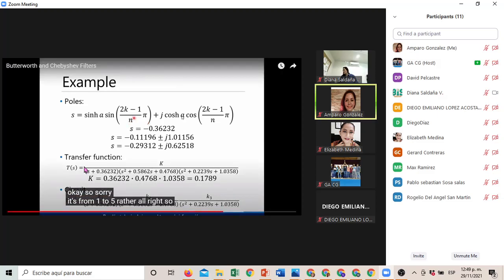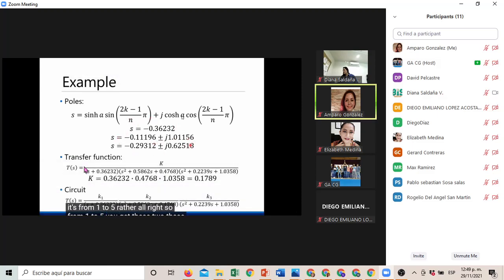Okay, so from 1 to 5 you get these 5 values for the poles, and from here you can get a transfer function for your Chebyshev filter.